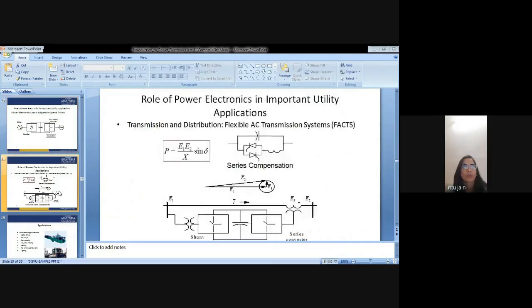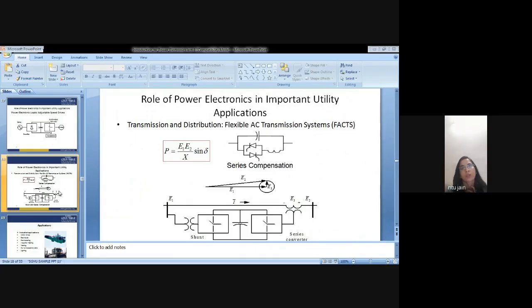So what is the role of power electronics in utility applications? I have already told you that there are n number of applications of power electronic devices. If we talk about utility, then there are n number of flexible AC transmission components.